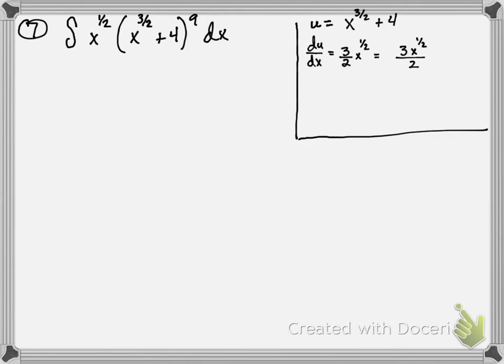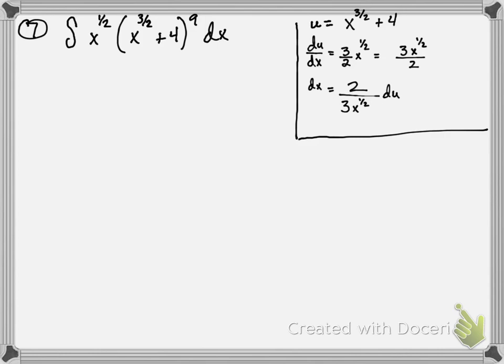It's going to help me when I flip it. What happens when we flip this, solving for dx? Isn't that 2 over 3x to the 1/2 du? So I think that's going to help me immensely.